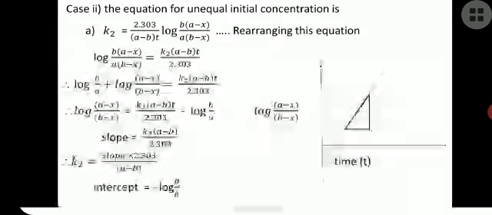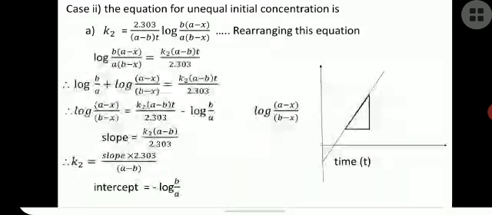Now, case second, the reaction for unequal initial concentration. The equation for unequal initial concentration is k2 = 2.303/[t(a − b)] log[b(a − x)/a(b − x)]. Rearranging this equation, log[b(a − x)/a(b − x)] = k2(a − b)t/2.303.